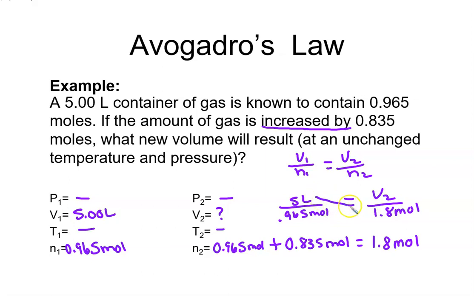Again, I would cross multiply and then divide. So I would multiply 5 times 1.8 and divide by 0.965. That is not the way you have to do it. You should find that your new volume has almost doubled to 9.33 liters. You put more gas in it, it is going to take up more space.